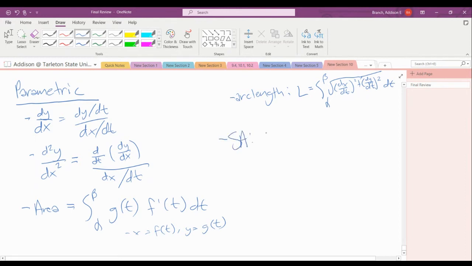I doubt they'll ask you this, but just in case, the formula is the integral from alpha to beta of 2 pi y times the square root of (dx/dt squared plus dy/dt squared) dt, and this is rotating about the x-axis.